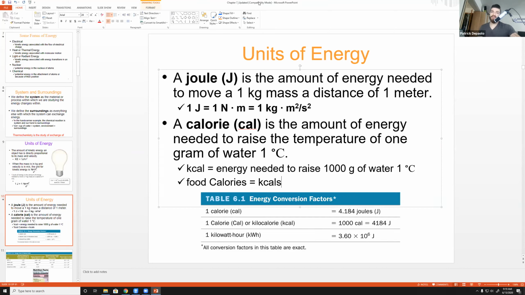But the most important thing is we're using these units, the joule and the calorie. Now, the last thing about joule and calorie is that a food calorie is different than the calorie. A food calorie represents 1,000 of these calories. Either way you look at it, a joule and a calorie are very small units.